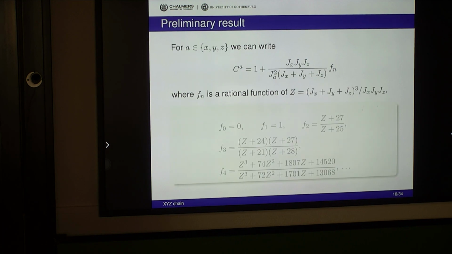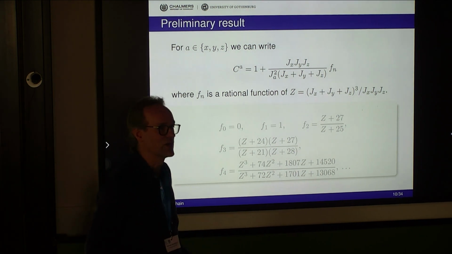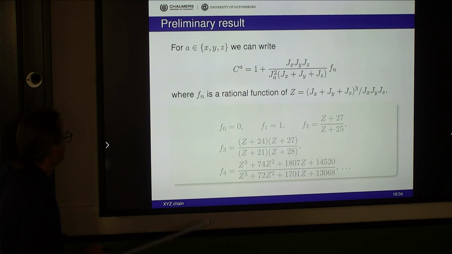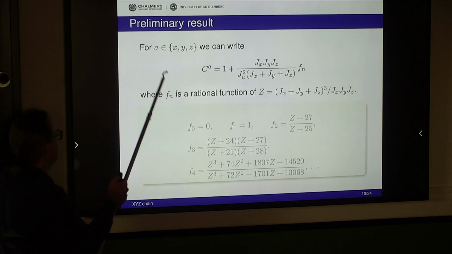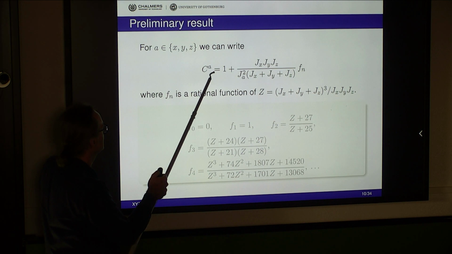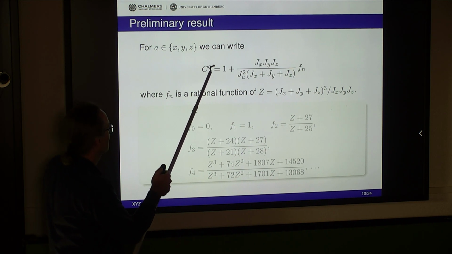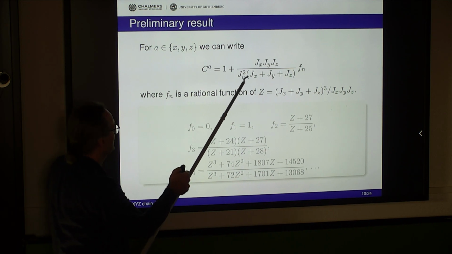Okay, so I want to say what these correlations are, and this is kind of a preliminary result. It's actually quite easy to show. Here A is either X, Y, or Z, and you see that this A only appears here.